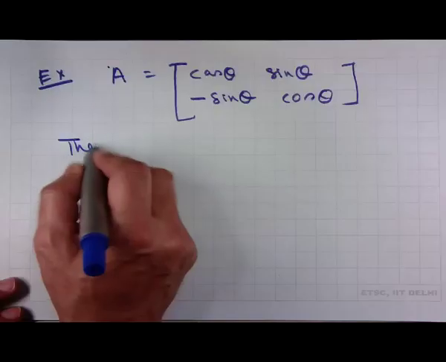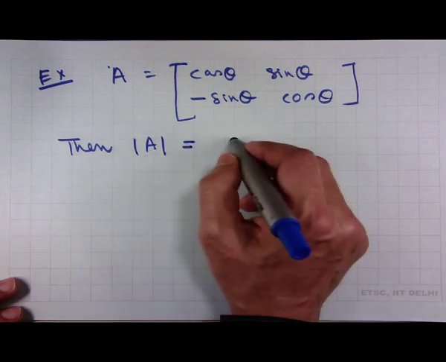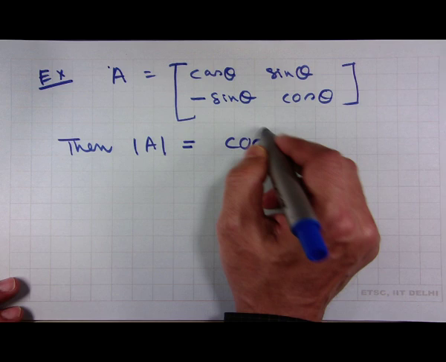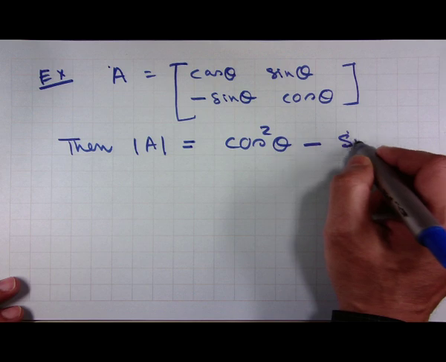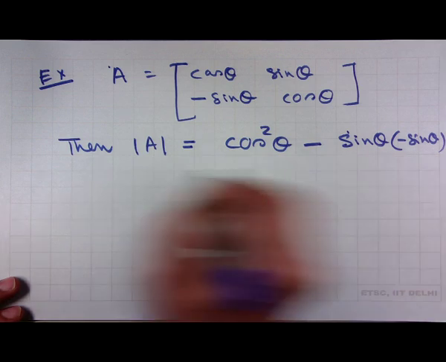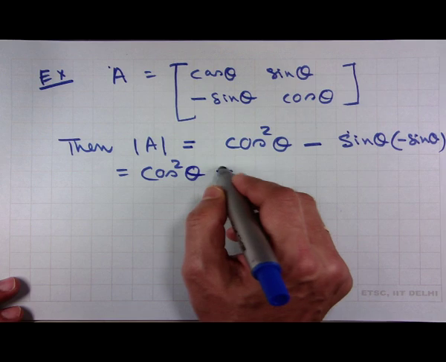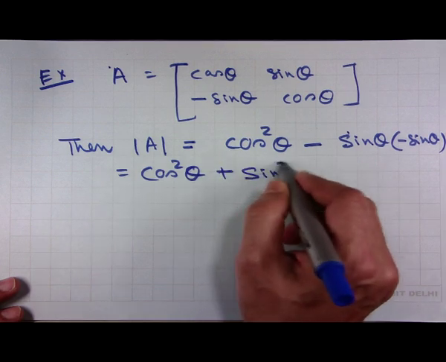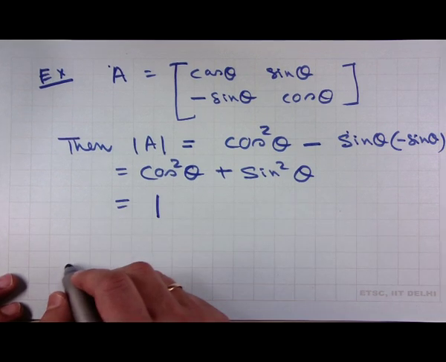Then determinant of A is equal to cos square theta minus sin theta into minus sin theta, which is equal to cos square theta plus sin square theta, which is equal to 1.